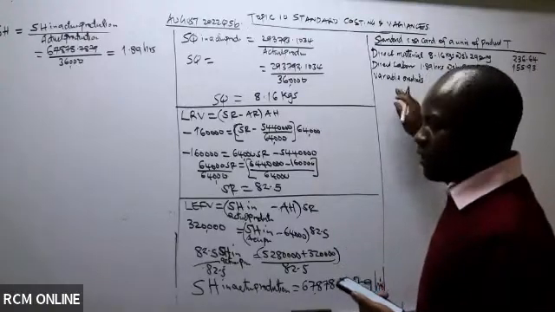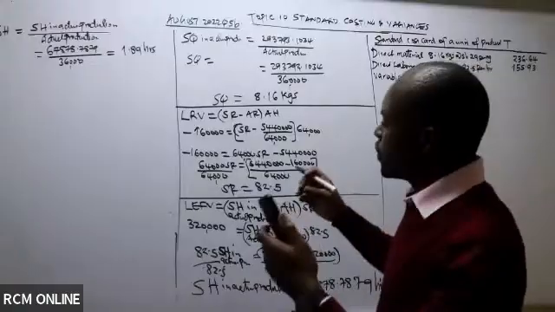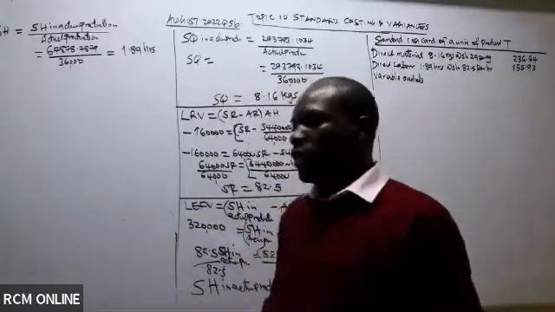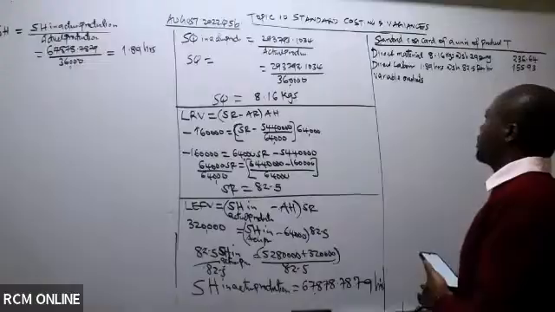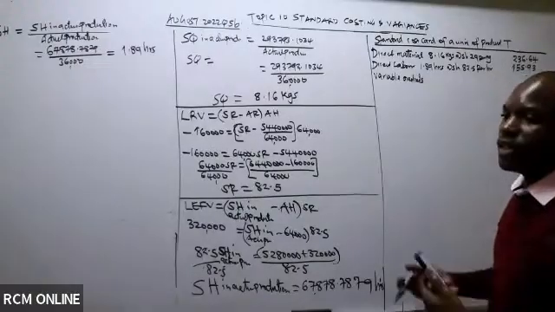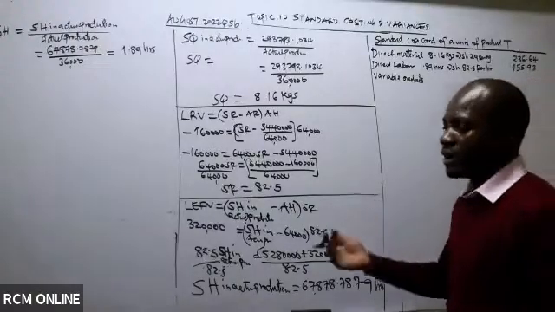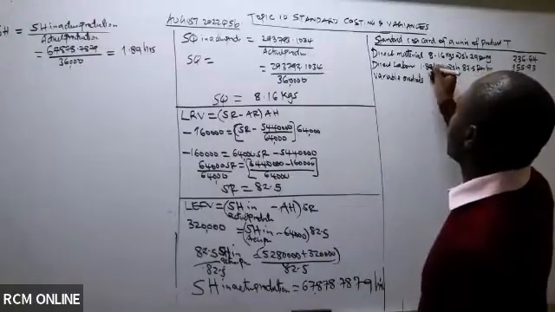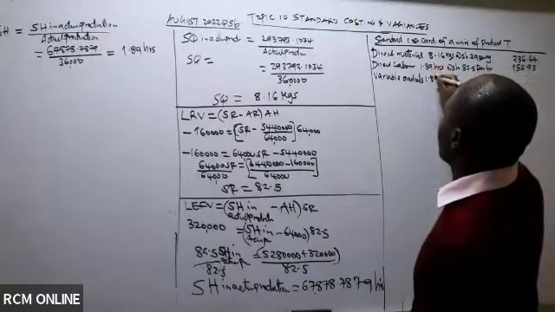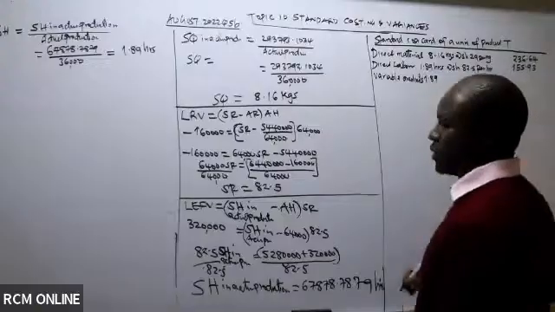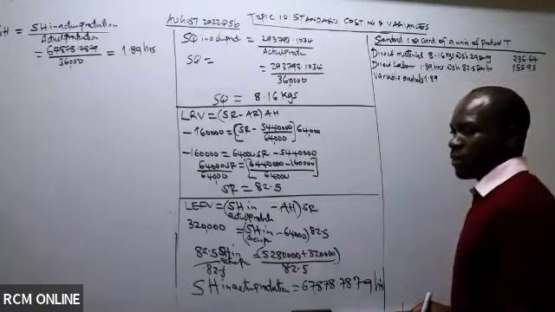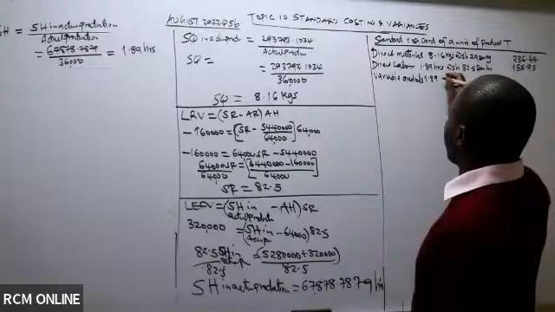Is it units produced? Is it labor hours? Please let me know. It is labor hours. And if it is labor hours, why are we going to waste time to calculate 1.89? That is the cost driver.